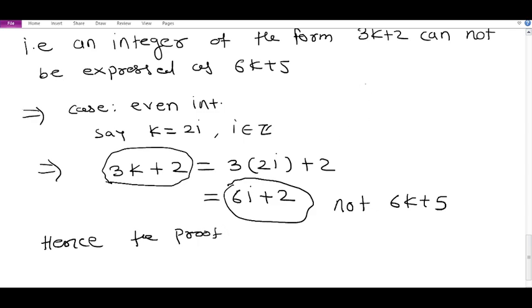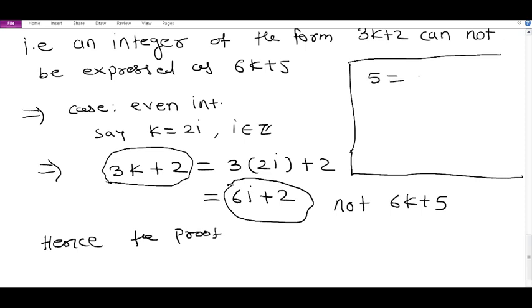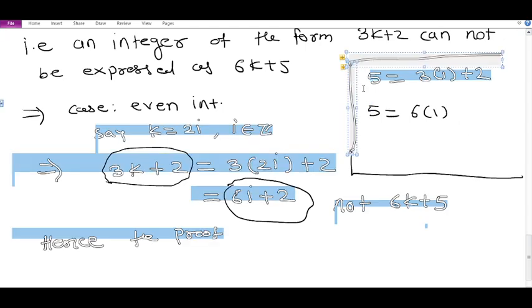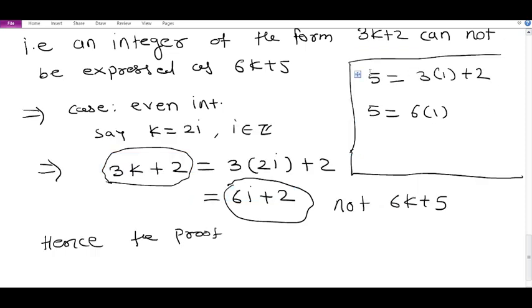Or you can take one particular example here. If we know that 5 can be written as 3 into 1 plus 2, but 5 cannot be written as 6 times something... sorry, not 5, an even integer we should take.